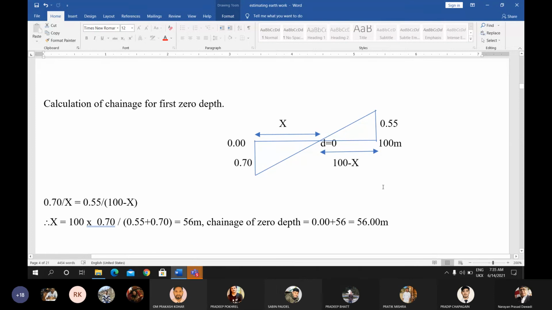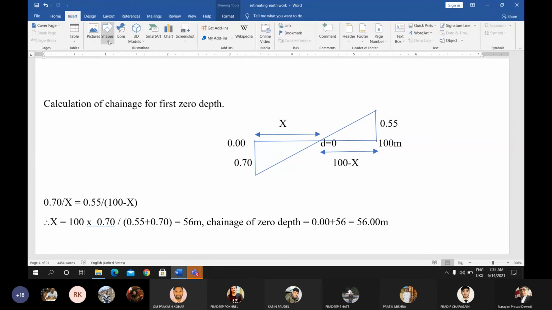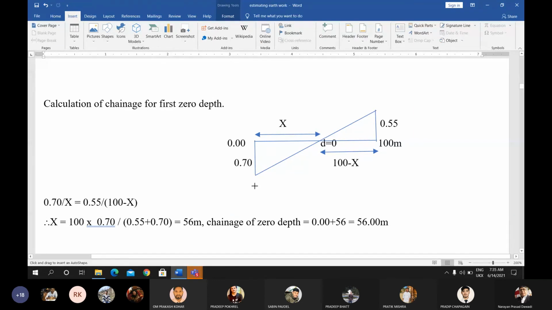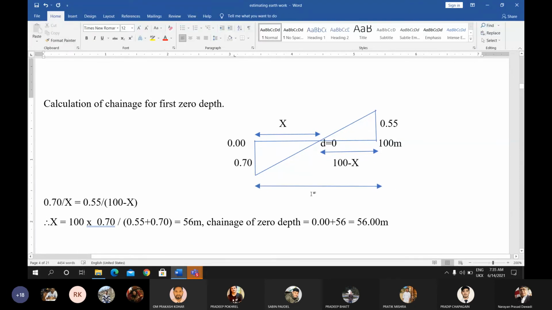This length will be 100 meter, from here to here.